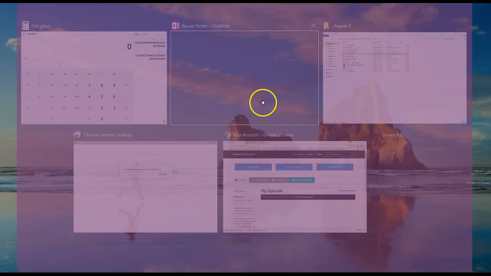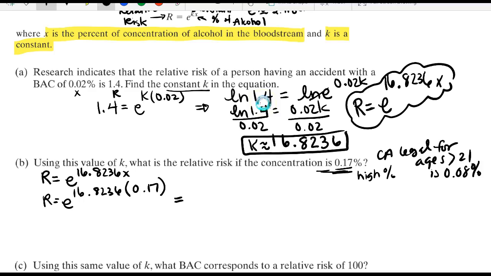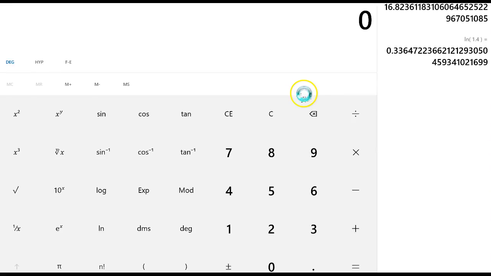Let's do 16.8236 times 0.17. Let's see what that answer is.